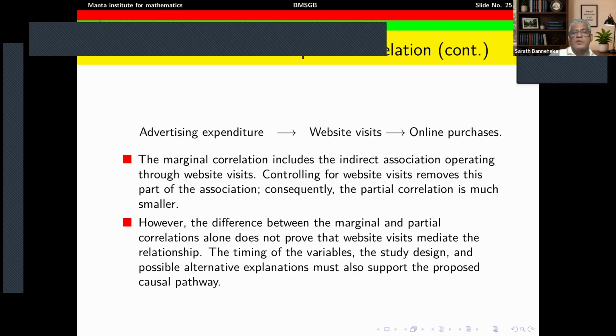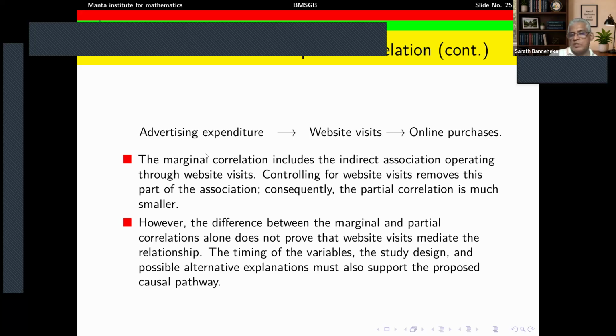However, the difference between the marginal and partial correlation alone does not prove that website hits mediate the relationship. Right? There may be some other variables also impacting this marginal linear relationship. For example, the timing of the variables, the study design, and possible alternative explanations must also support the proposed causal pathway.